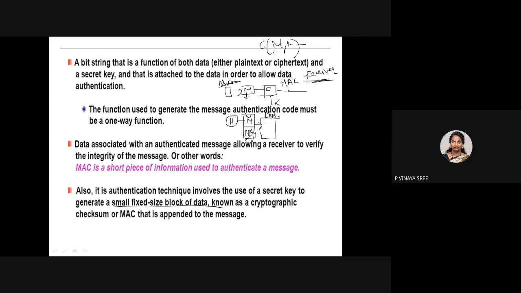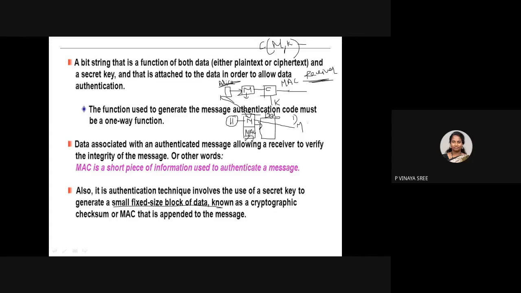The main question is how Bob identifies that the message is from Alice, and how Bob identifies that the message has not been modified in the communication. Bob will take this message, and the same process that Alice has done will be done by Bob.